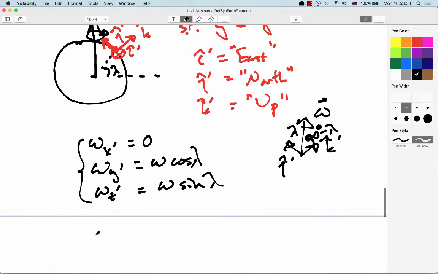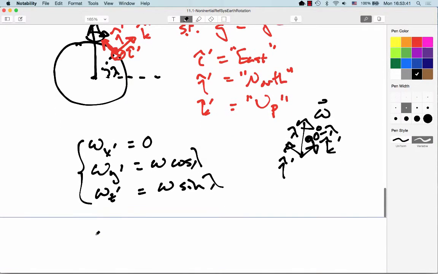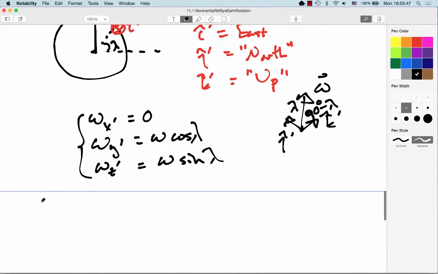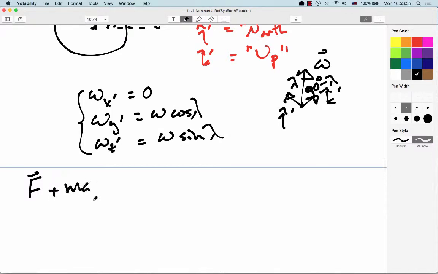All right, so if we go back to our Newton's second law in the rotating frame and recast it for our projectile motion case, we're going to have the physical forces F plus actual gravity, so this is external to gravity, minus our m a naught, and we're going to roll all of that into our local mg.